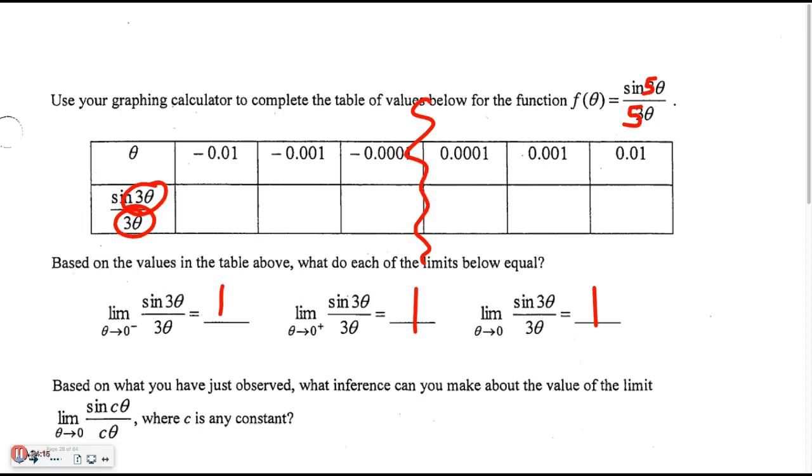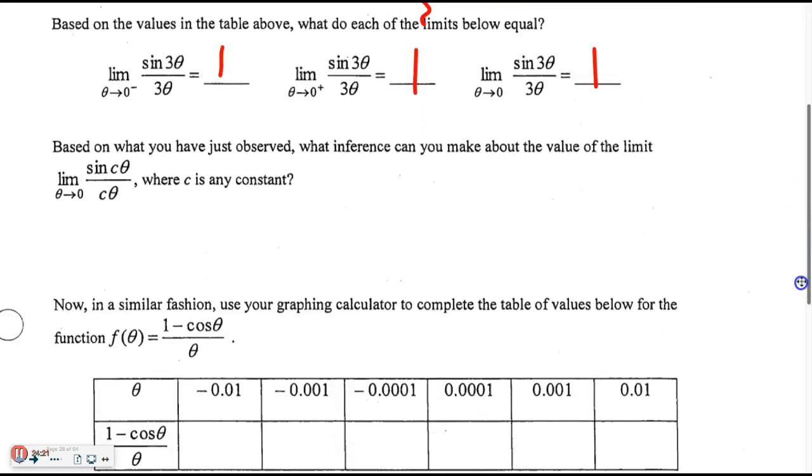Guess what it creeps up on? 1. How about sine of 10 theta over 10 theta? 1. So, what do you think this can always be for you when you're cleaning your stuff up today? Sine of some stuff over the same stuff, that actually is 1 for sure.